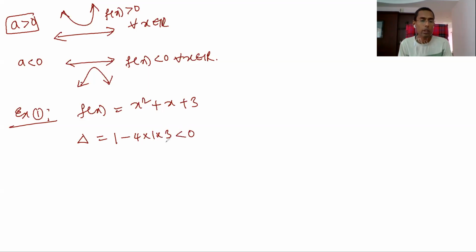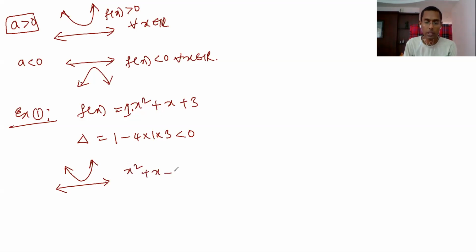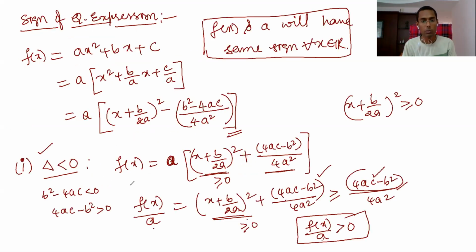Delta less than 0, and a is positive, so the graph is like this. That means x square plus x plus 3 is greater than 0 for all x belongs to R.